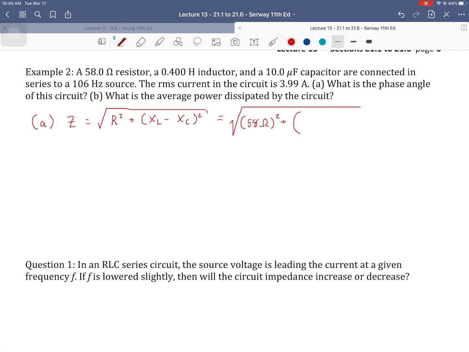Then over here, I'm going to have 2 pi times 106 hertz times 0.4. Then I'll subtract 1 over 2 pi times 106 hertz times 10 to the negative 10 farads.